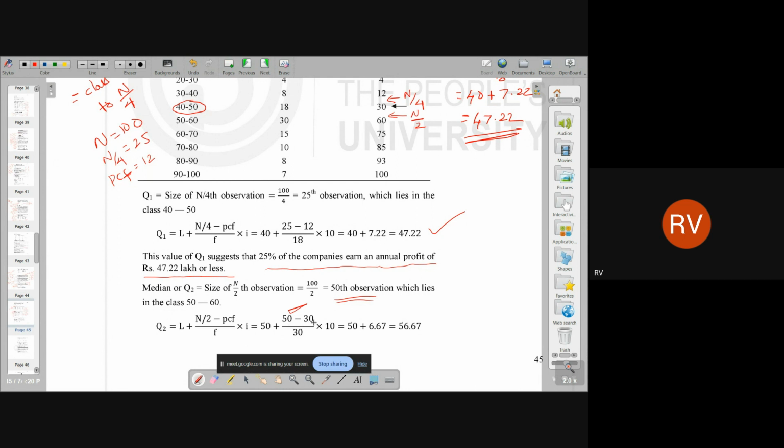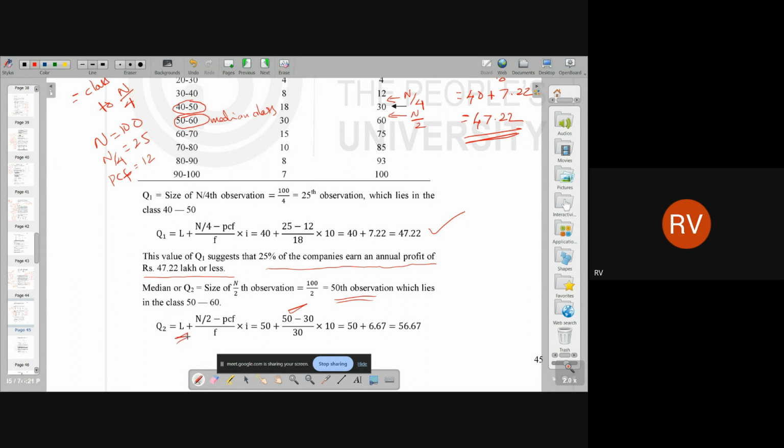L is the lower limit of the median class. The class corresponding to N by 2 is 50 to 60. This is the median class, and the lower limit is 50.